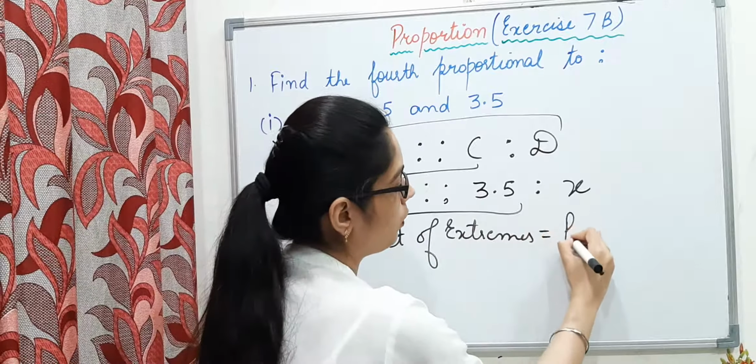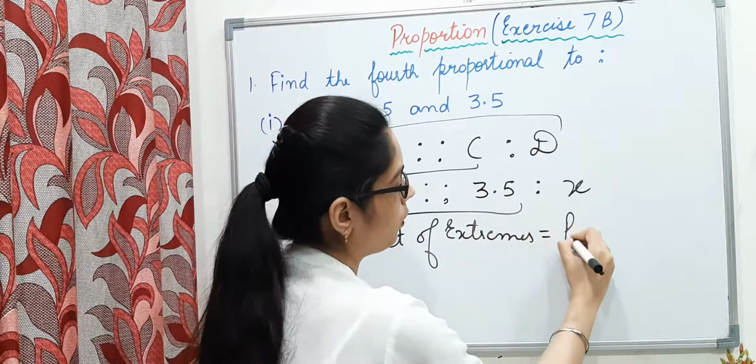Now we can remove the decimal. From 4.5, if I remove the decimal, because only one digit is there after the decimal, with 1 I have to write only 10. And whenever we remove the decimal from the numerator, this digit will come in the denominator. So same from 3.5, because only one digit is there after the decimal, when we remove it, again in the denominator I have to write 10 with 1, because I removed the decimal from the numerator.